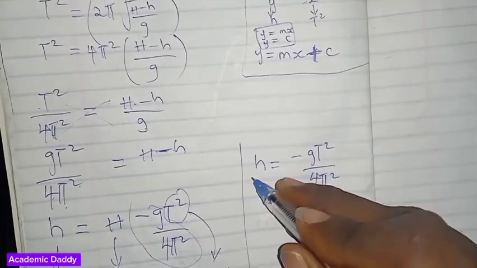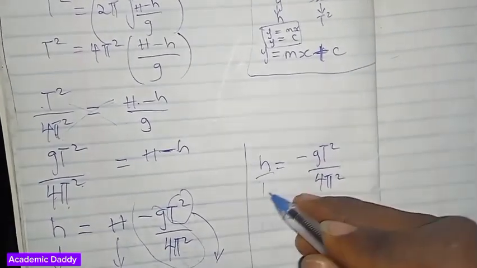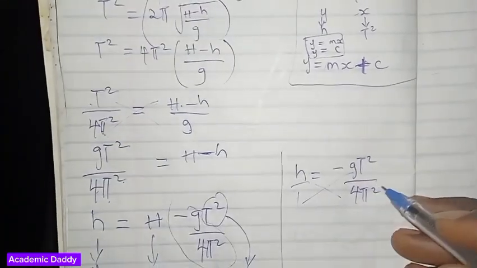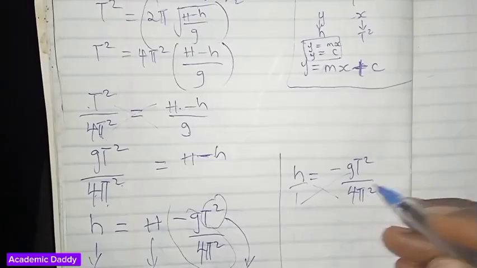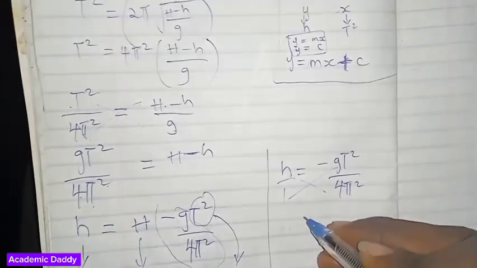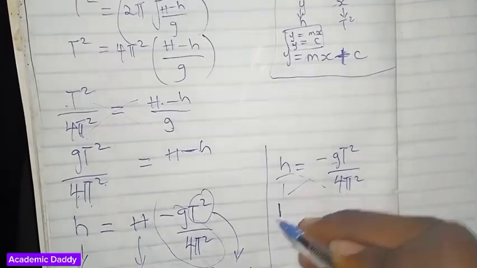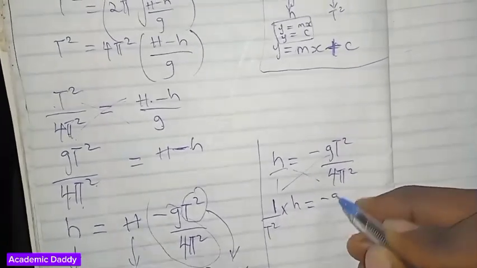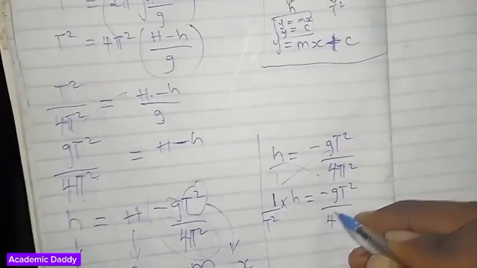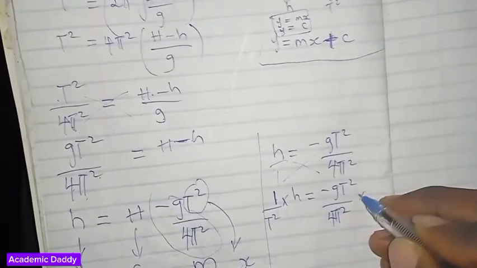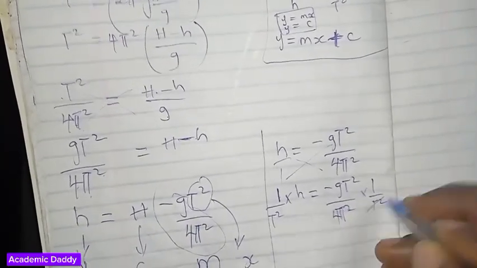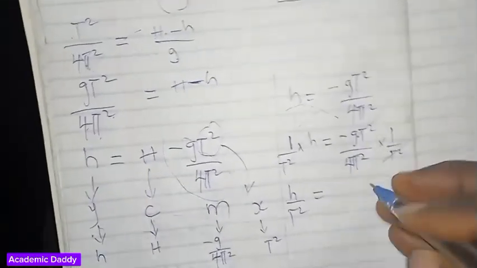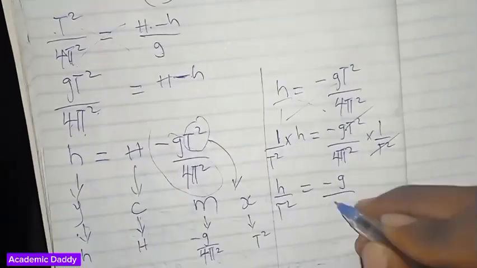To make the slope the subject of the formula, I multiply both sides by 1 over t squared. So I have 1 over t squared times h equals minus g t squared over 4 pi squared times 1 over t squared. This will cancel this. So I now have h over t squared equals minus g over 4 pi squared.